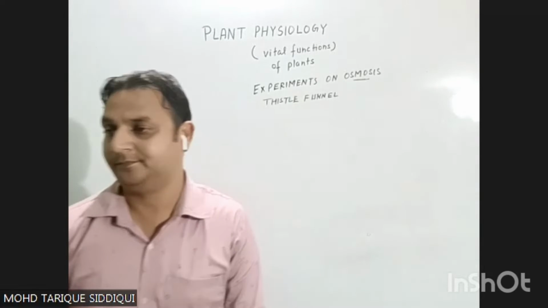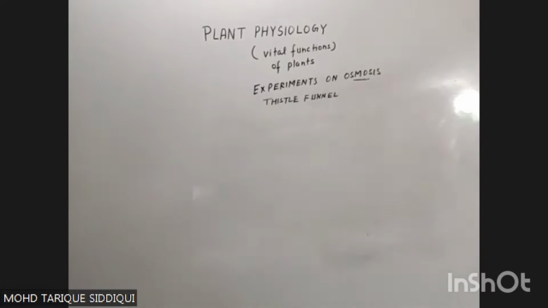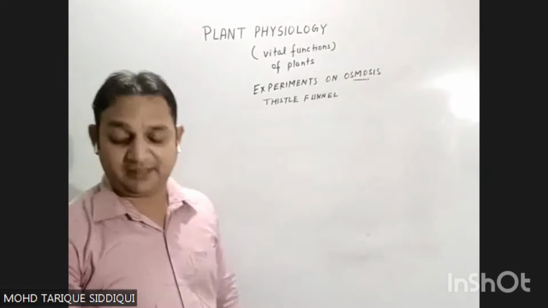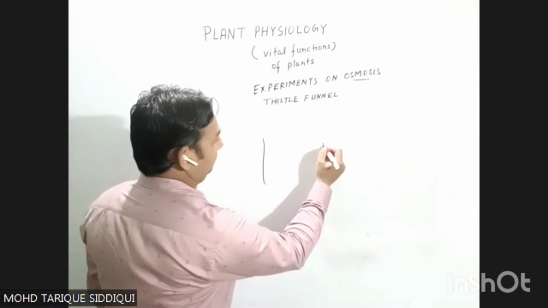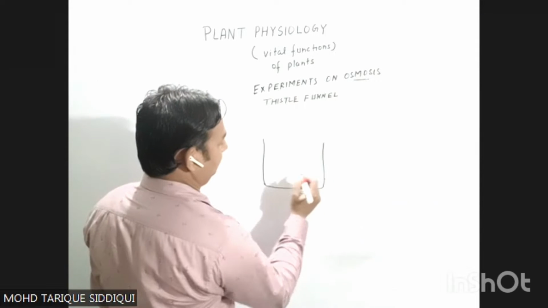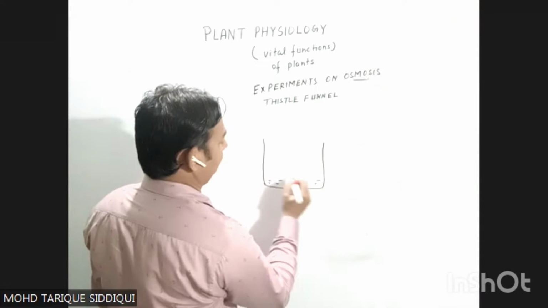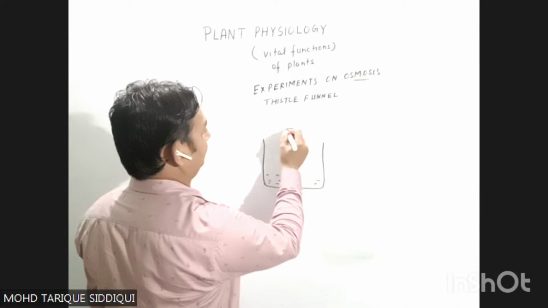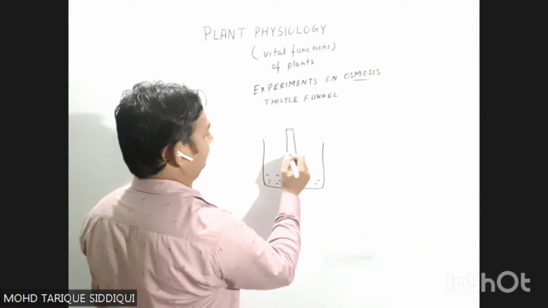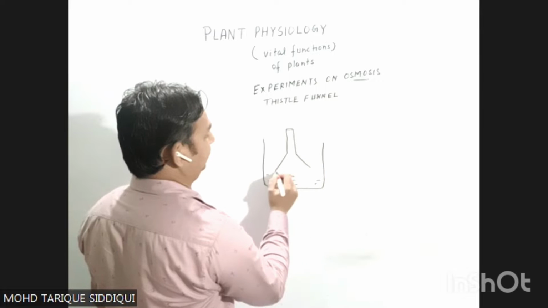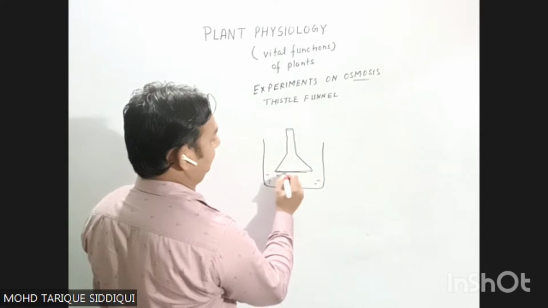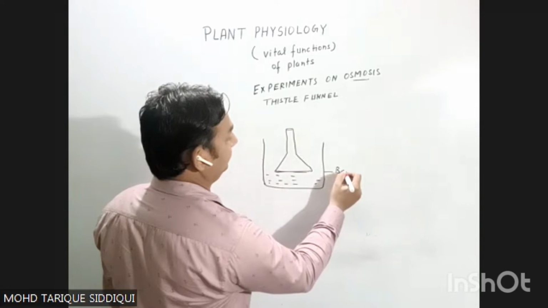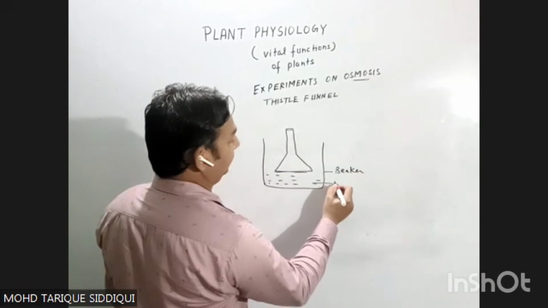All right. Now, in this Thistle funnel experiment, I am making the setup here. Beaker containing water. We have the Thistle funnel here. This is the beaker, water.